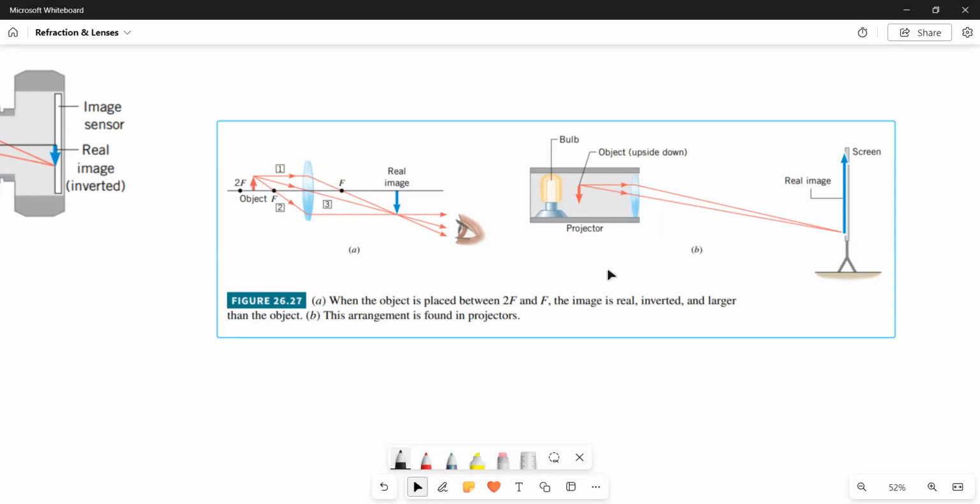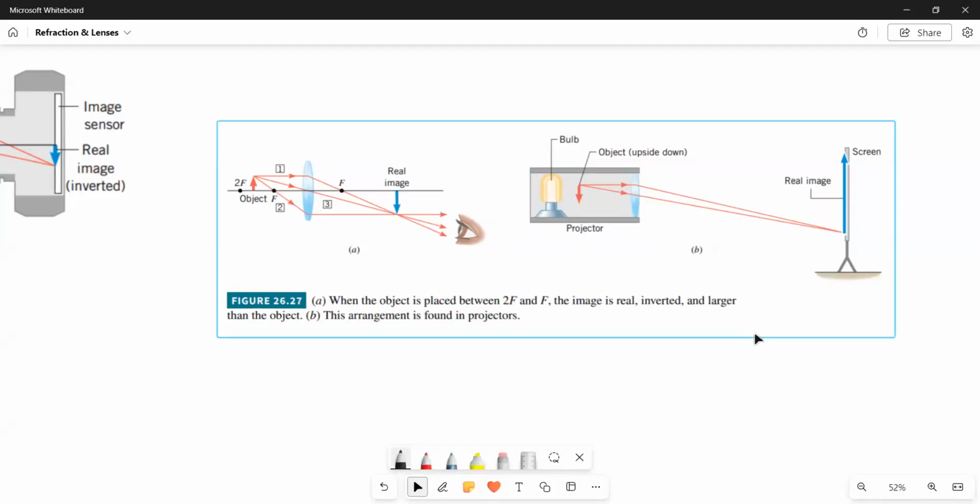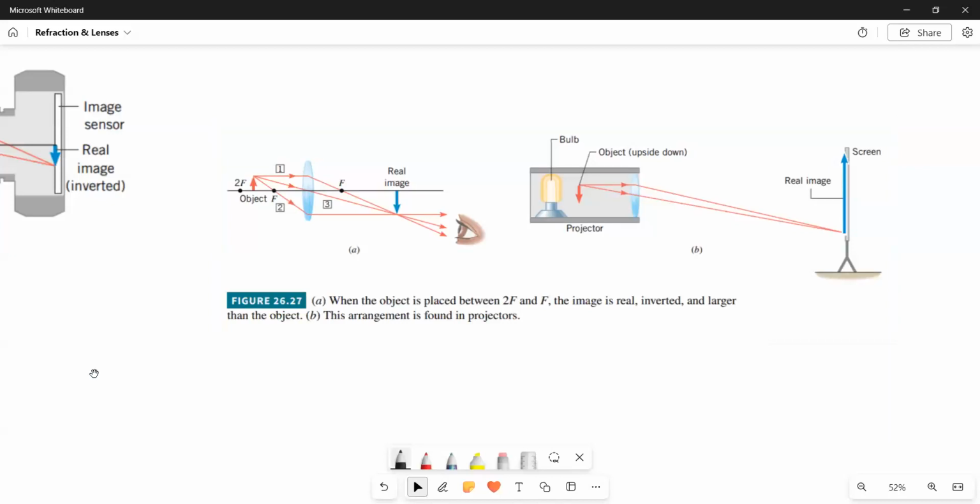And that idea is used in projectors. So you have this little film, the light passes through it, through a lens, and then you get a big image on the screen, right? Projectors at school and long ago in cinemas worked like that. So here's a nice ray diagram, right?